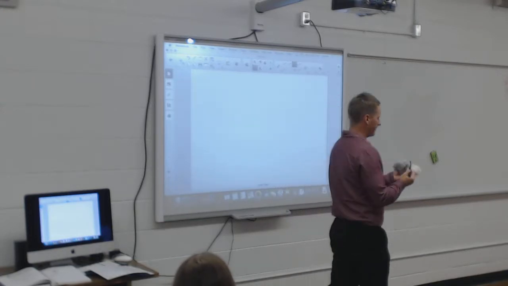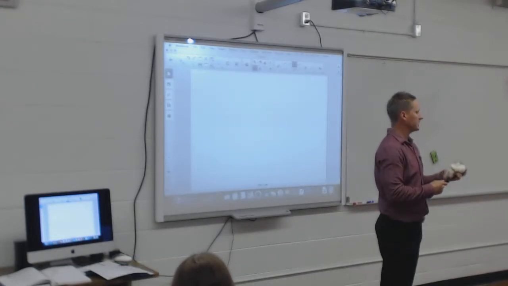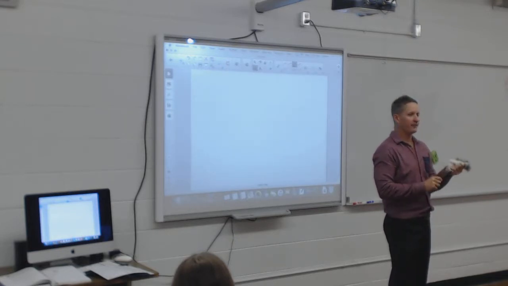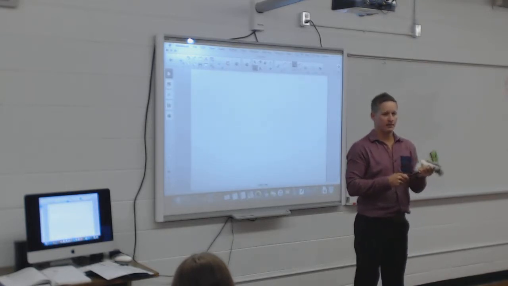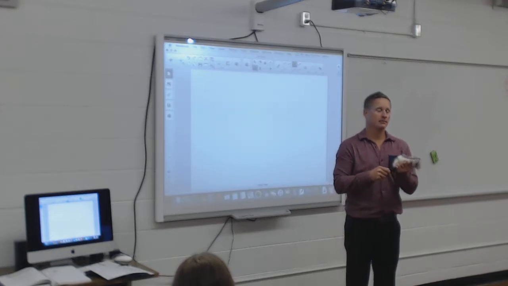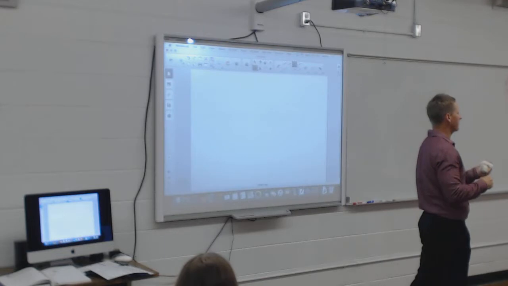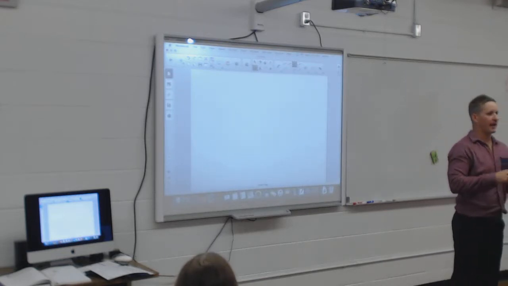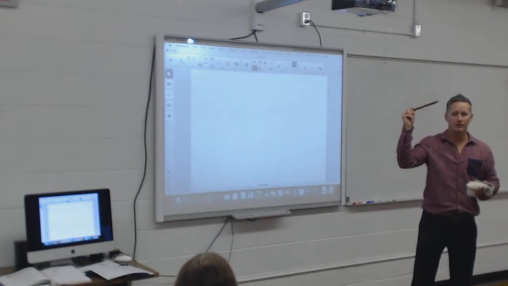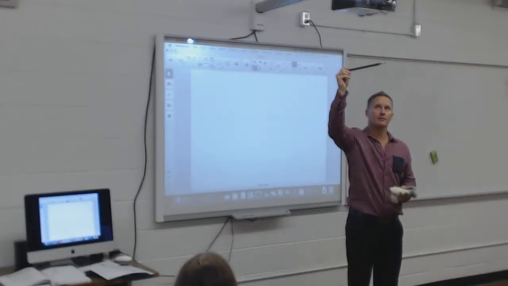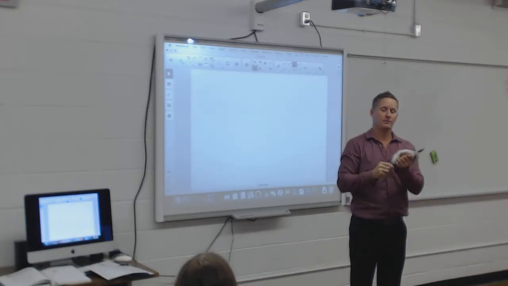And the moment that I rub the rod now, I'm going to transfer the excess electrons from the fur to the rubber rod. And as I bring it towards the pith balls, the moment that I touch the pith balls, the excess electrons in the rubber rod, making it negative, will transfer to this guy.